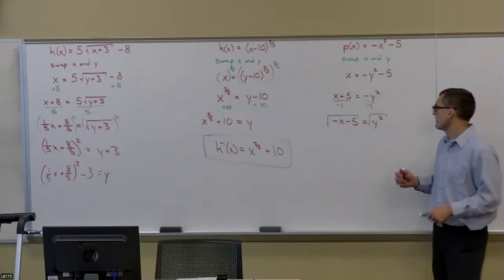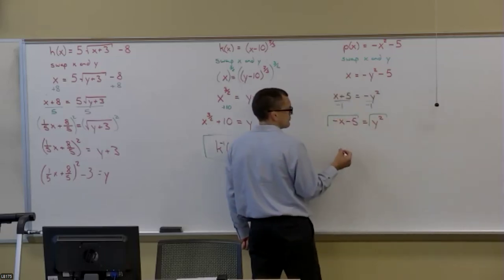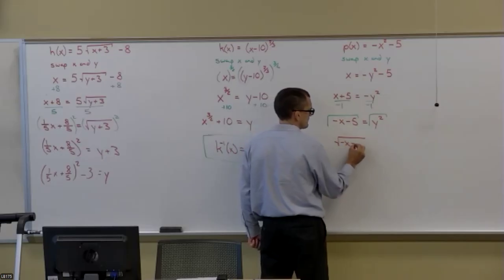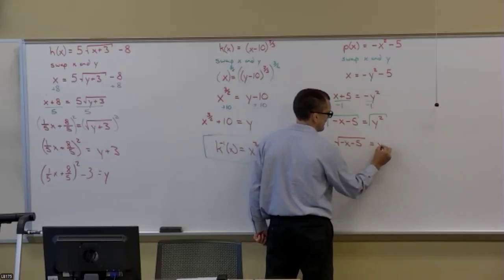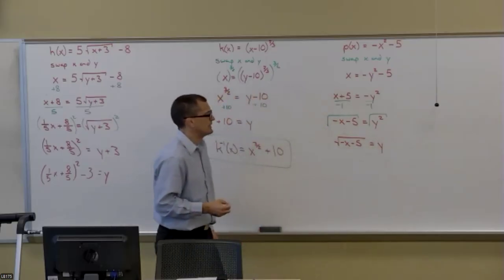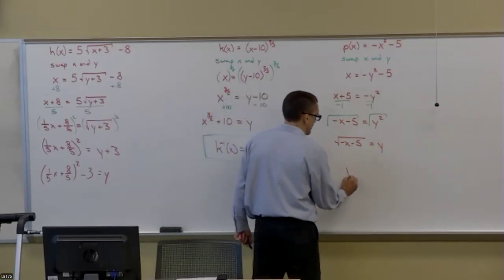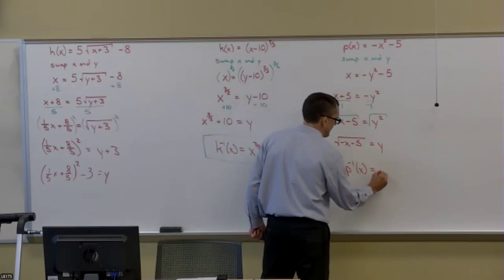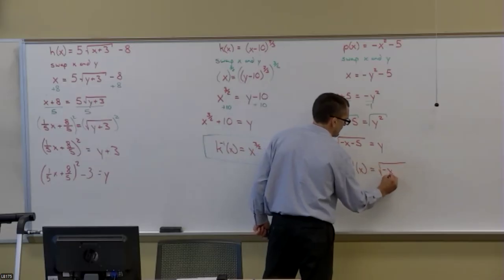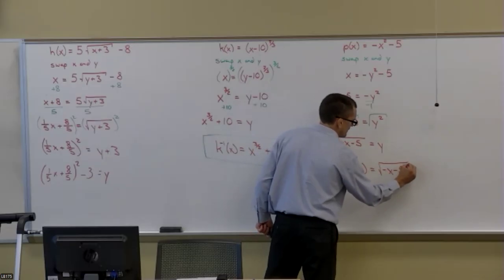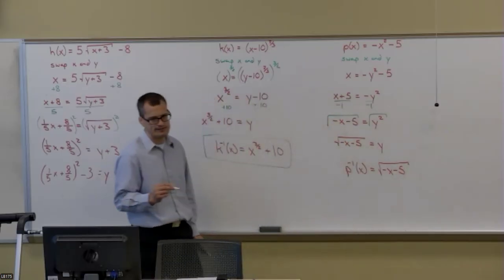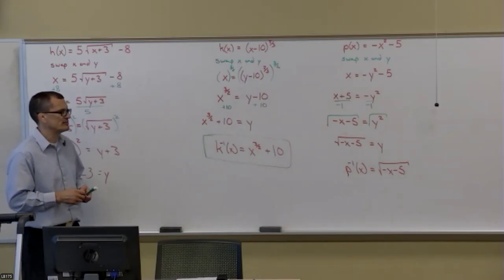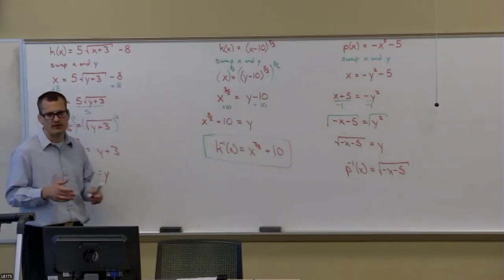So we'll do positive square roots on everything that we do, or positive domain restrictions. If we do that, then I end up with the inverse function of P is the square root of -x minus 5. That -x minus 5 is all underneath the square root. I could also have written that as -x minus 5 raised to the 1/2 power.